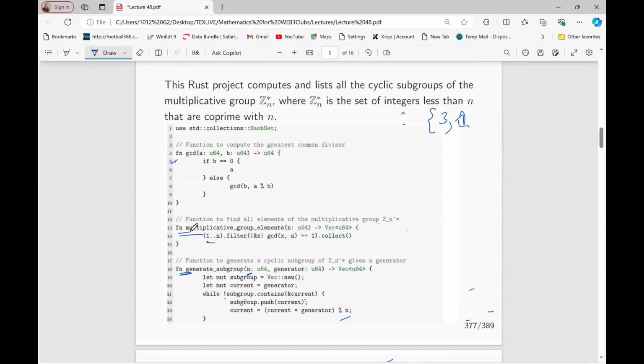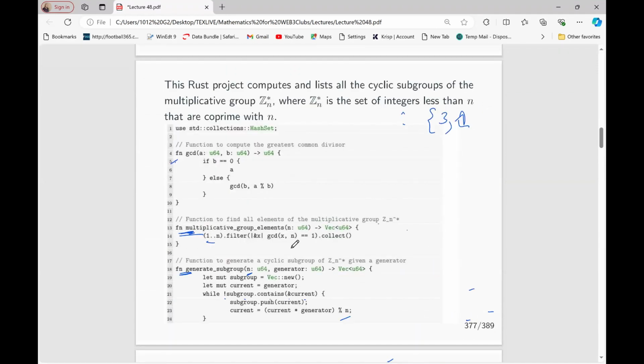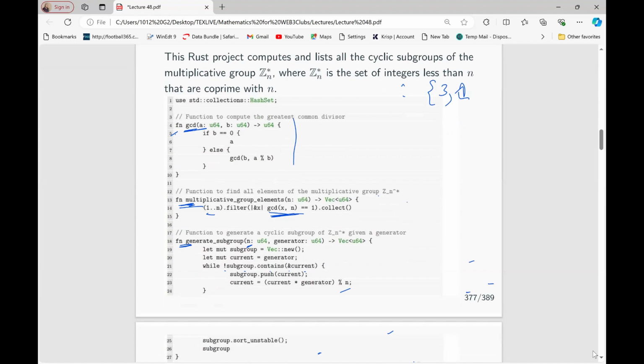The multiplicative group elements calls for the GCD function, which is here. So this is the one that is now doing the GCDs. This one picks those which are relatively prime. So that is how it works. It begins with the main function calling on that, then that one calls on the next and so on, so that they are working together.